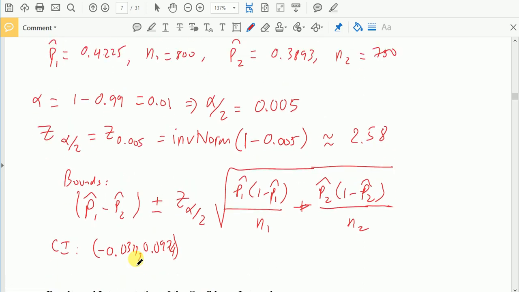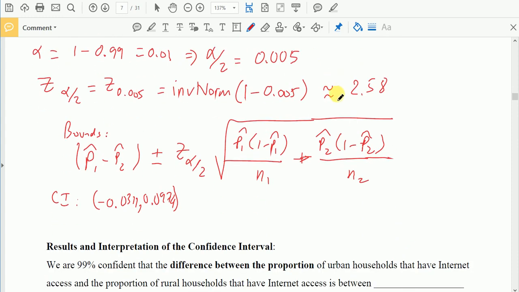Now remember, originally we claimed that P1 is greater than P2, right? That means if you move the P2 to the left side, you should get P1 minus P2 to be bigger than 0.